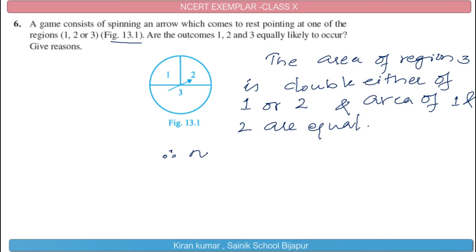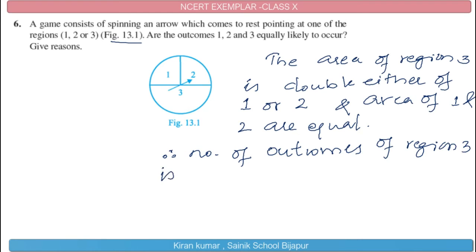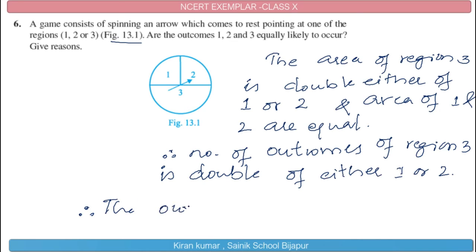Therefore, the number of outcomes of region 3 must be double of either 1 or 2. Therefore, the outcomes of 1, 2 and 3 are not equally likely to occur.